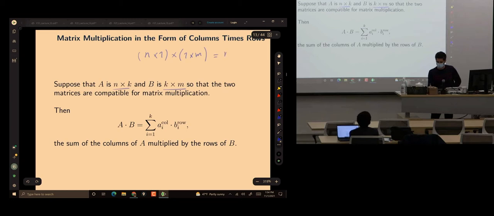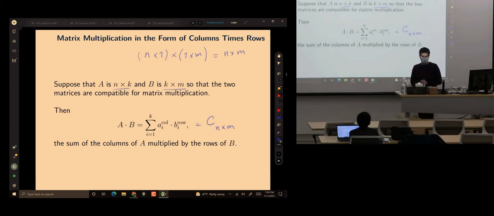The result will be an n by m matrix, which is the exact same size as C. First column times first row, plus second column times second row, and we keep doing this, because the number of columns of A is the same as the number of rows of B. Both are k.